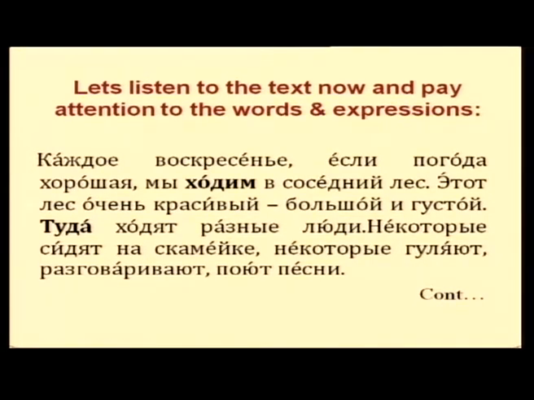If you remember, in the prepositional case for forest we have the word лес. Whenever it is used with the preposition, it is в лесу, but whenever it is used with a verb of motion, it remains в лес. That is why каждое лето мы ходим в соседний лес.